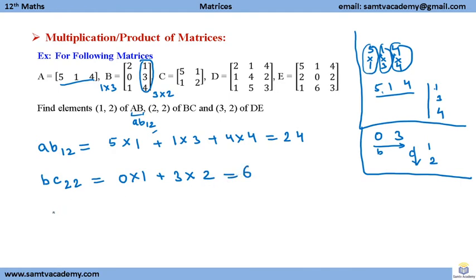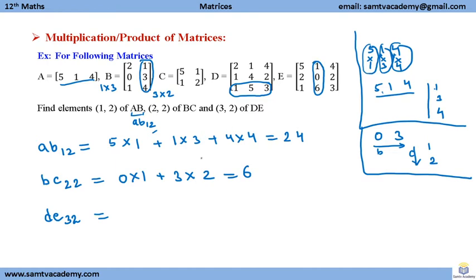Next, what do you need to find? You have to find the DE 3 2 element. So what do you need to do? Take D's third row and the second column.